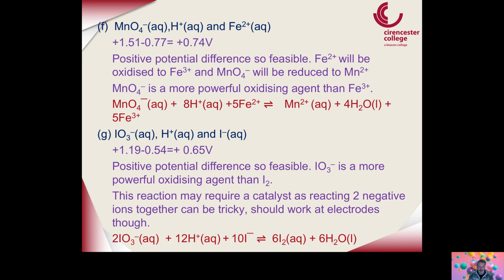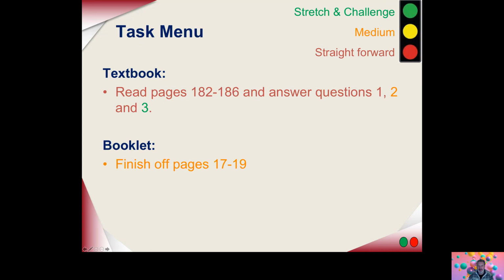You can see we've got iodate ions and iodide ions on the same side. Okay, so that is it. You should obviously have a go at the textbook, make sure you work through the questions. Okay, let's stop that now.